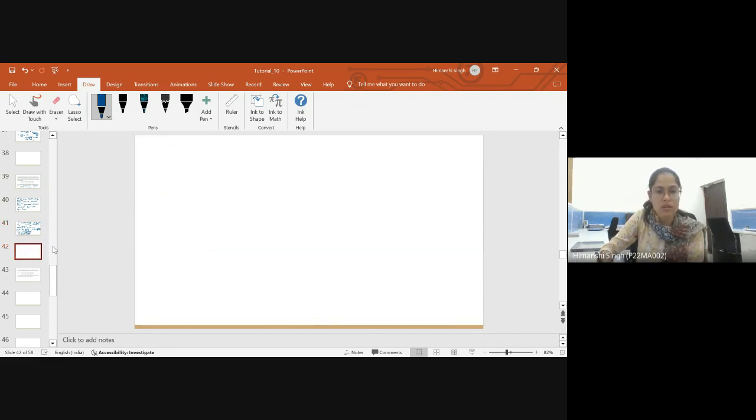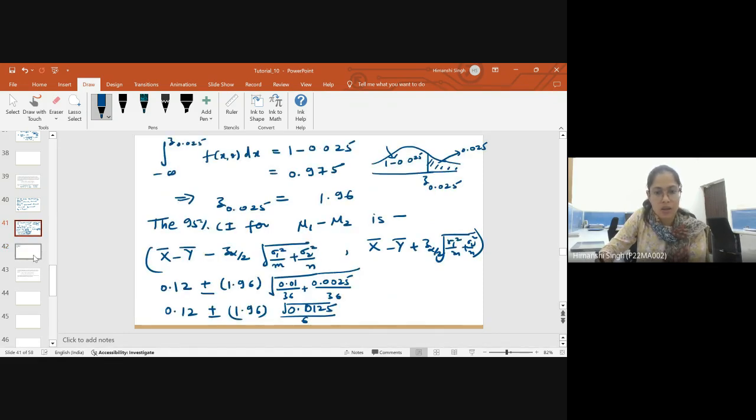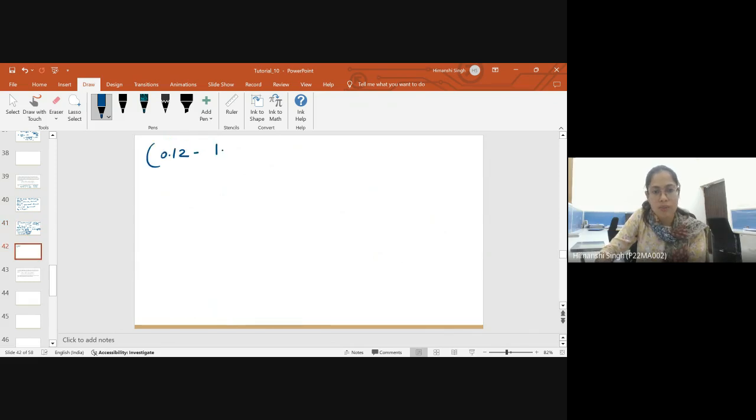So the confidence interval will be 0.12 minus 1.96 under root of 0.0125 divided by 6, and 0.12 plus 1.96 under root of 0.0125 divided by 6. So what will it be?